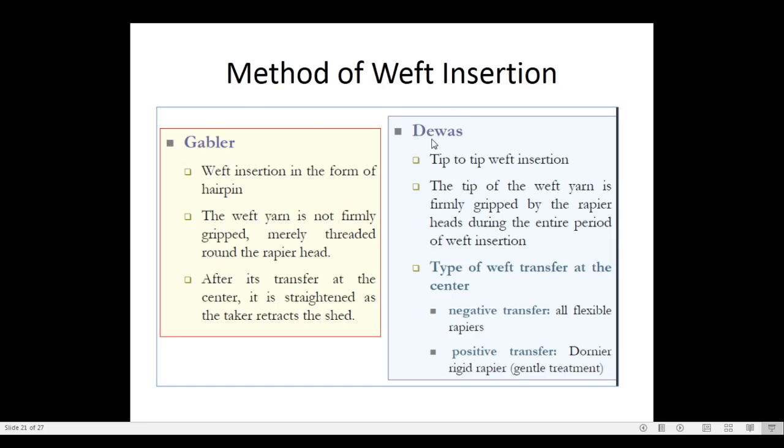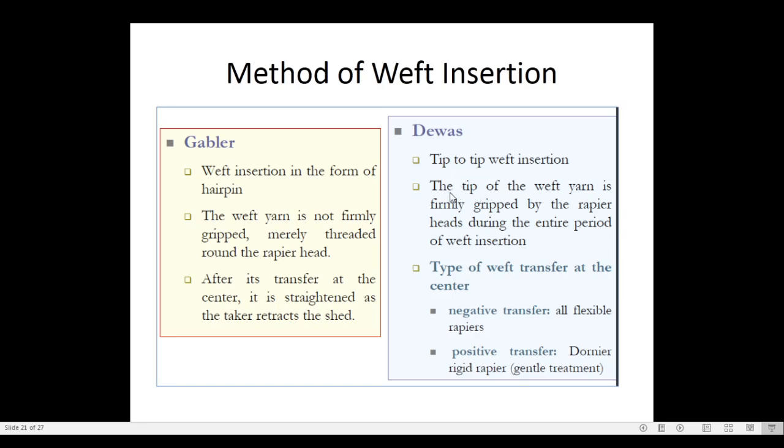So here Devas. Devas is called tip to tip weft insertion or tip to tip transfer system. The tip of the weft yarn is firmly gripped by the rapier head during the entire period of weft insertion. We call it the leading tip, leading end.